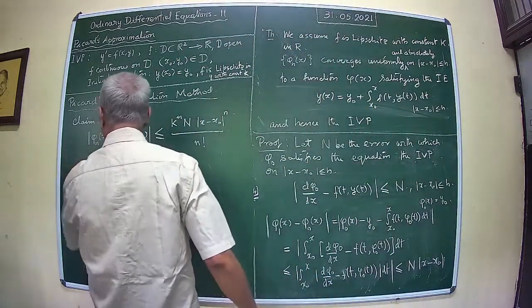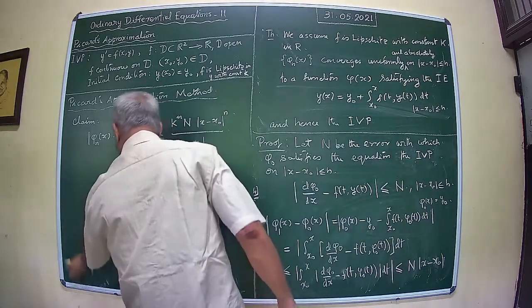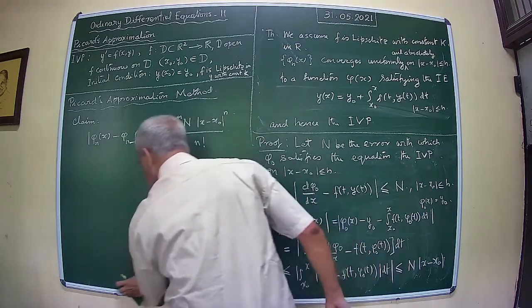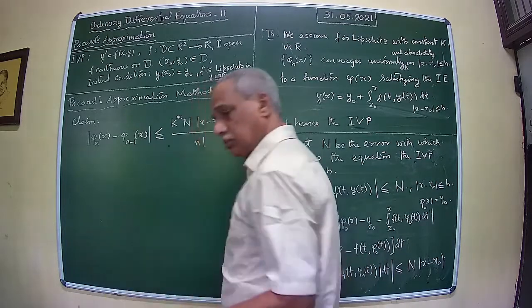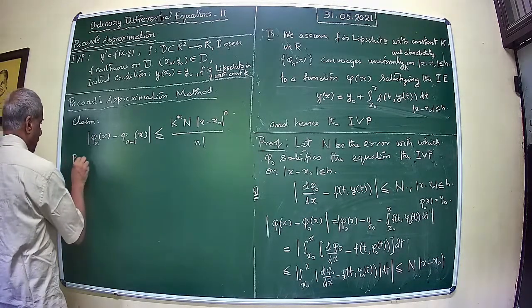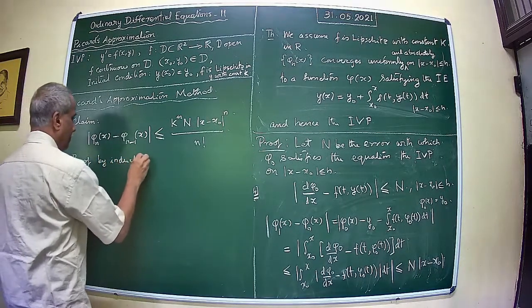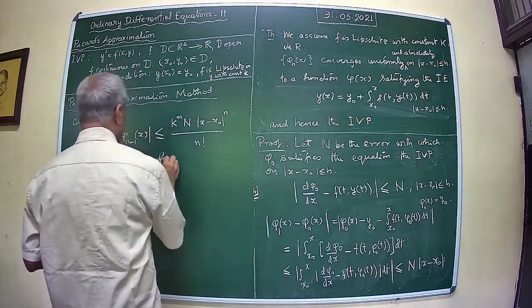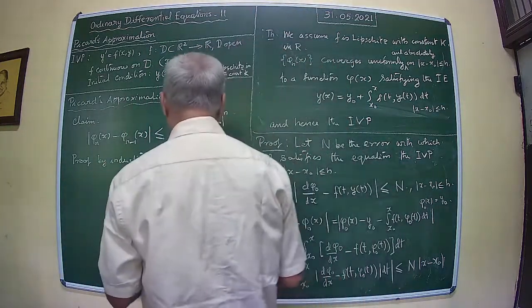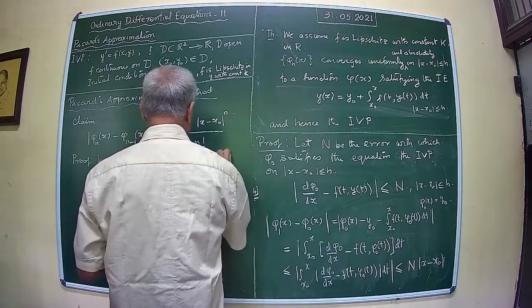This of course we prove by using the process of induction, induction for n greater than or equal to 1 and x greater than or equal to x naught.